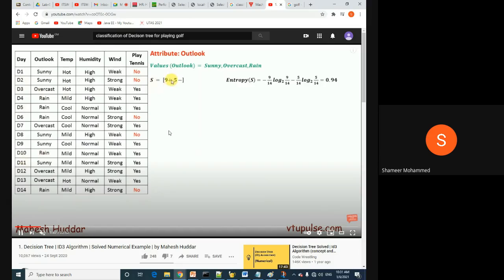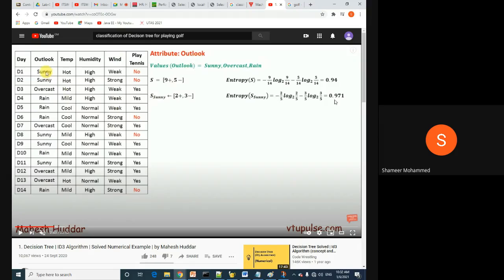Similarly, you will test for sunny. When you say sunny, no one time, no two times, no three times. So three times it is negative and two times sunny is positive.